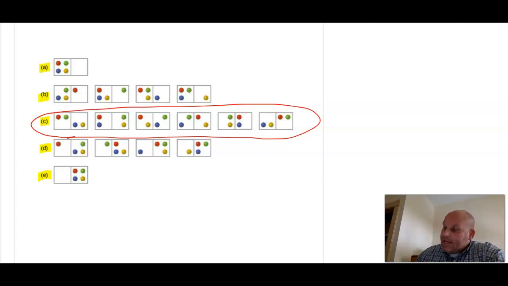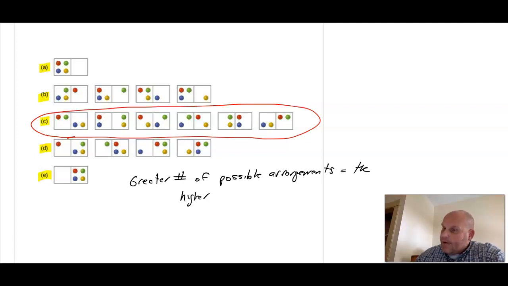So we can say here that the greater number of possible arrangements equals the higher the entropy, or disorder, or randomness. The larger number of possible arrangements I have, that means the greater the entropy.